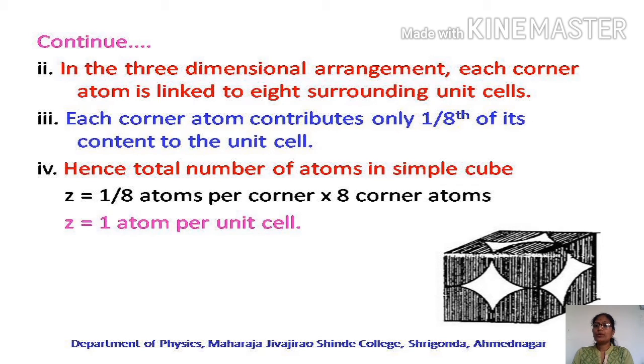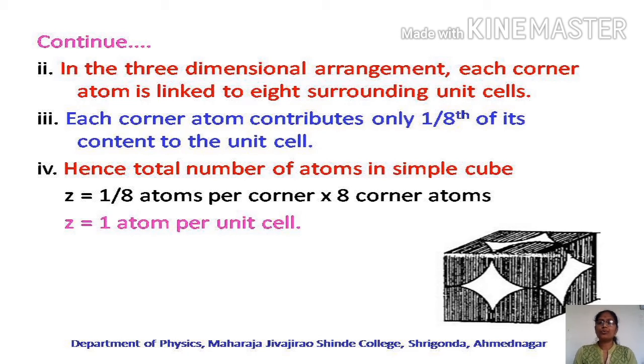Therefore, when we try to find the actual number of atoms present in a unit cell, we have to take both these contributions, that is the contribution due to the corner atoms and the number of corner atoms. Therefore, the Z value in case of SC comes out as 1/8 into 8 corner atoms, that is 1 atom per unit cell.